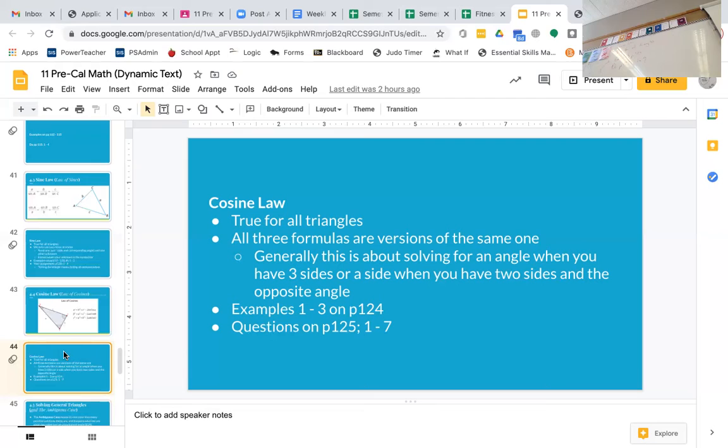It won't be the case with cosine law. With cosine law, you might have all three sides and you have to solve for an angle. You wouldn't be able to use sine law for that. Or you might have one angle and no other angles, and then have to get the side. You'll see. But yes, there's different times.